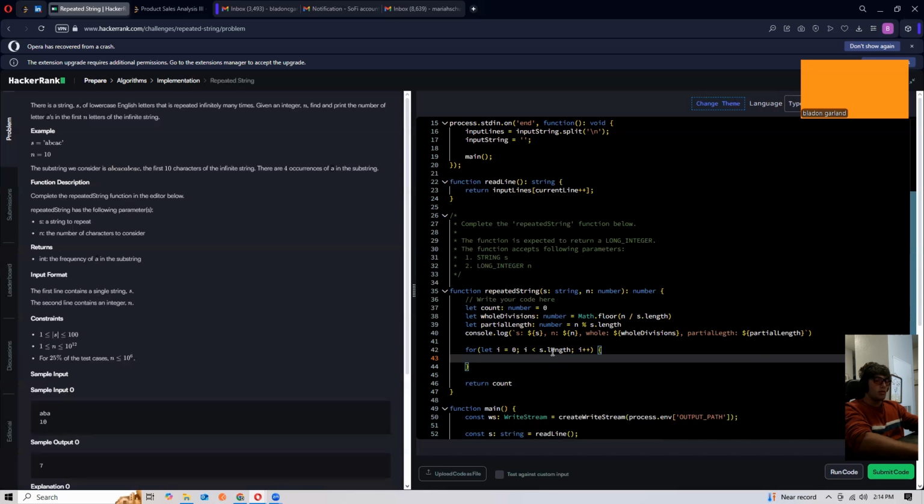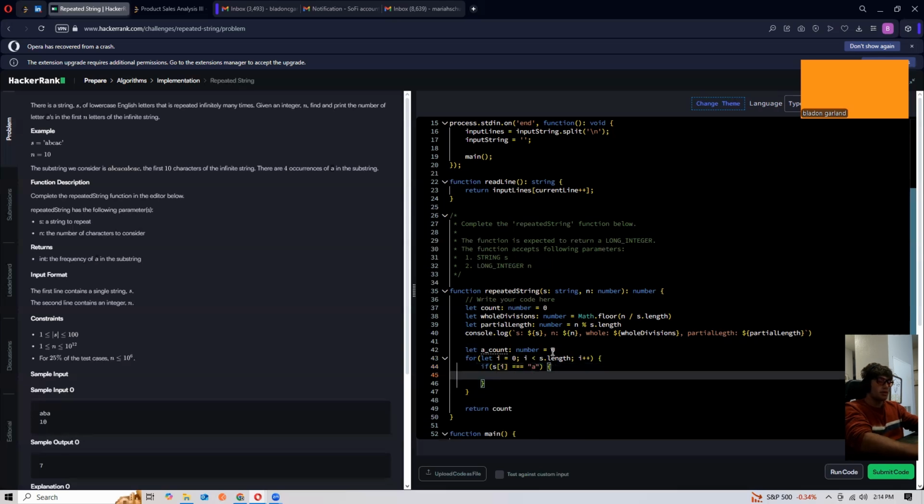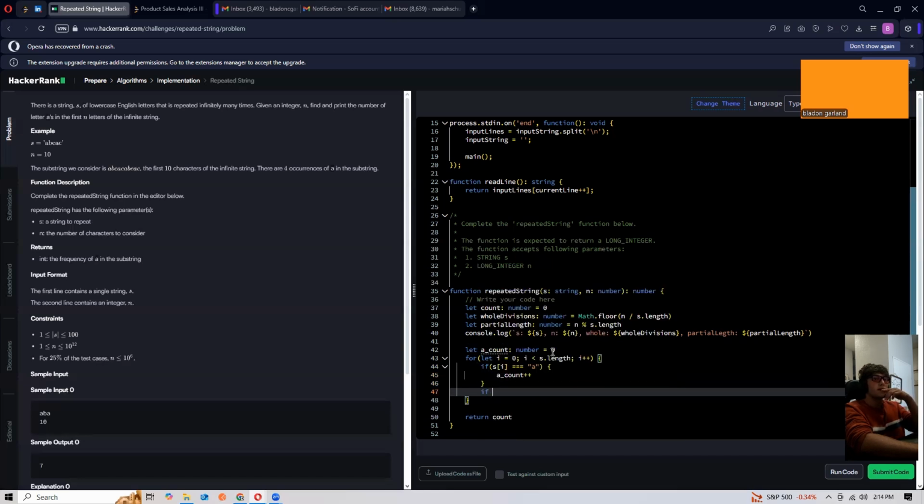All right. I'm going to initialize an A count. If s of i is equal to the letter A, count plus plus, and then if... I don't know if I actually need 2 counters here.